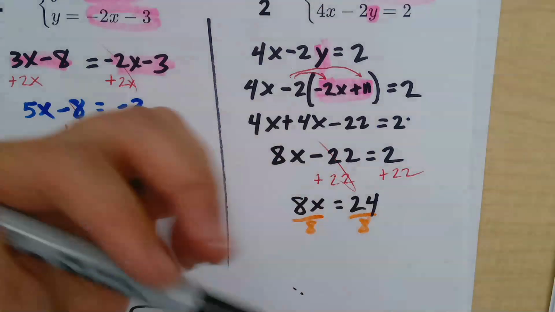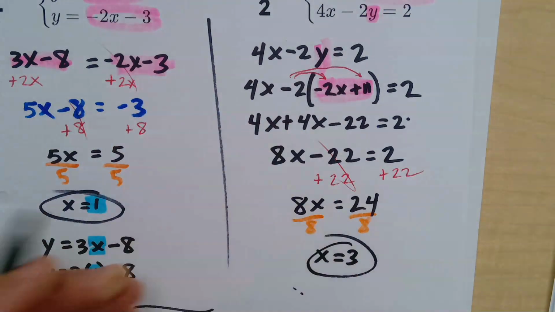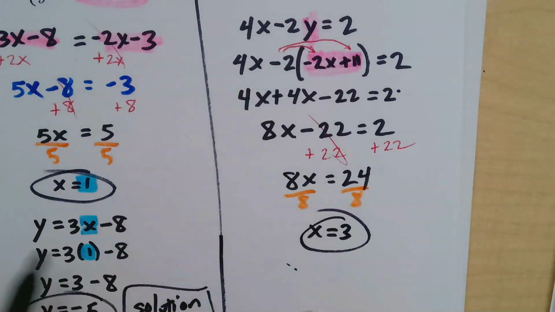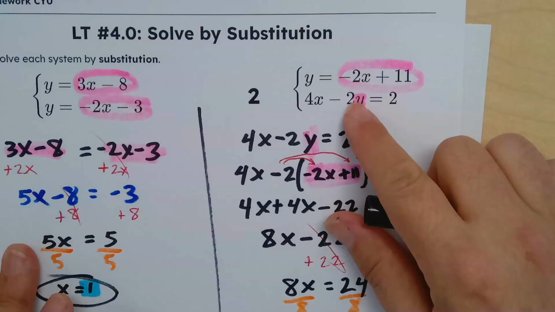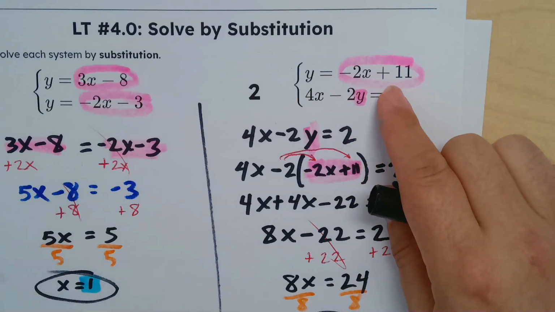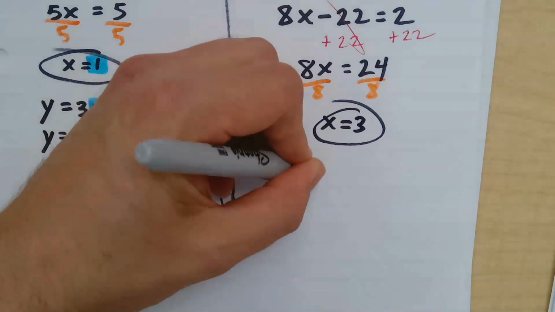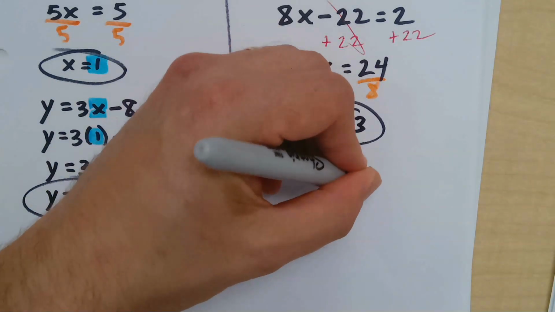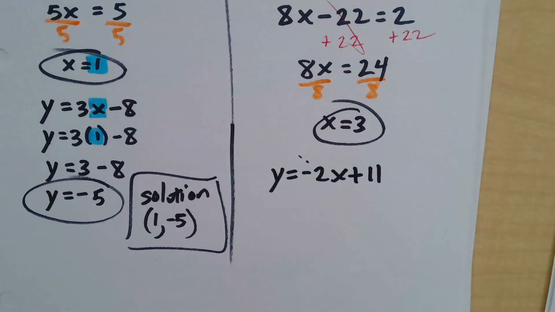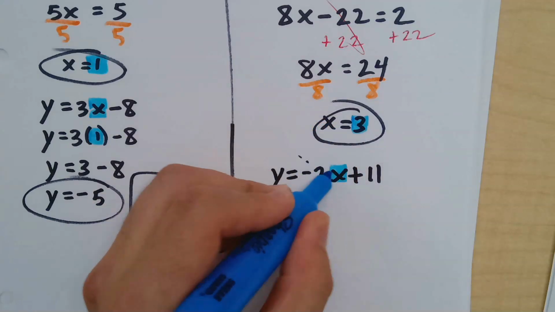So now I know that x equals 3. And now that I know x is 3, I'm going to go back and use that top equation. The top equation is y equals negative 2x plus 11. So y equals negative 2x plus 11, and I'm going to substitute x with 3.